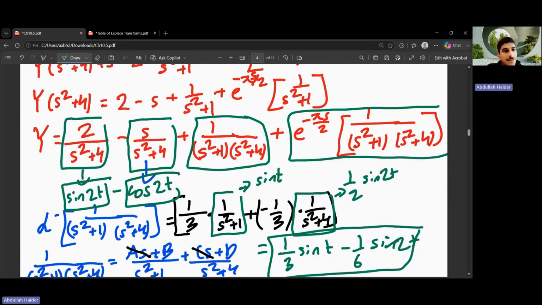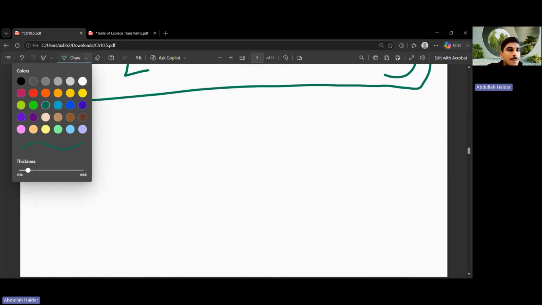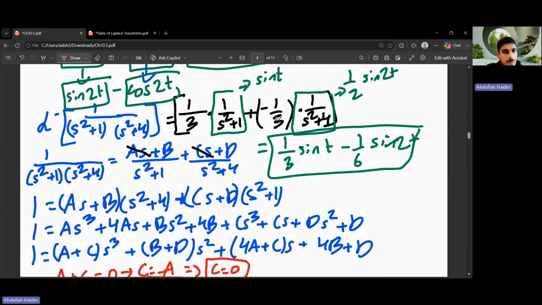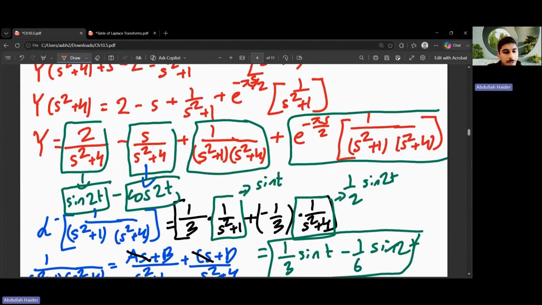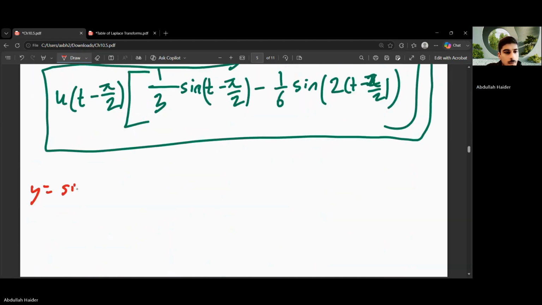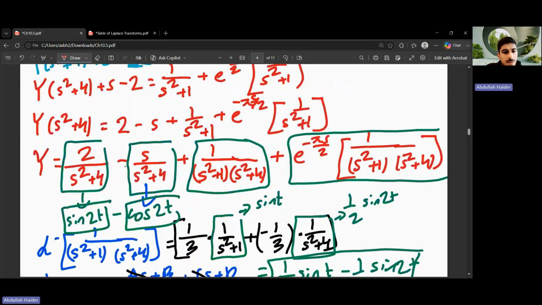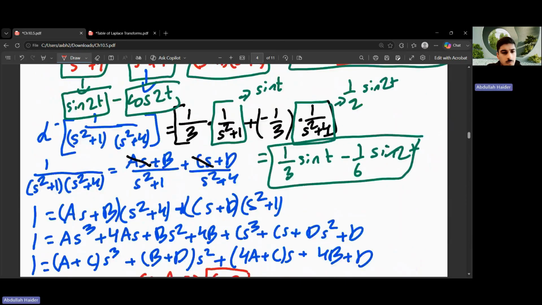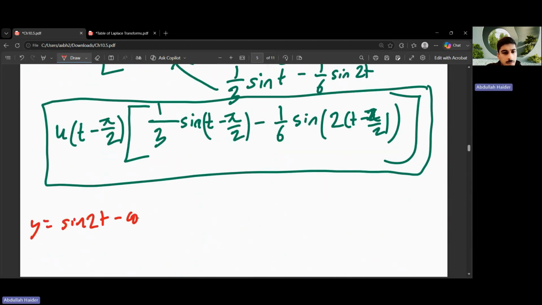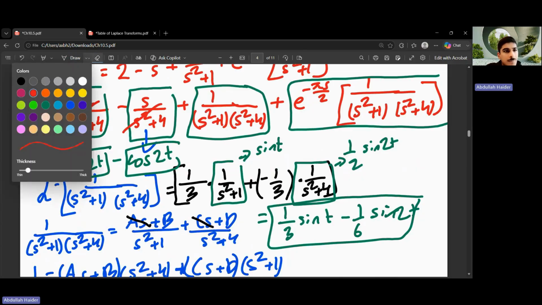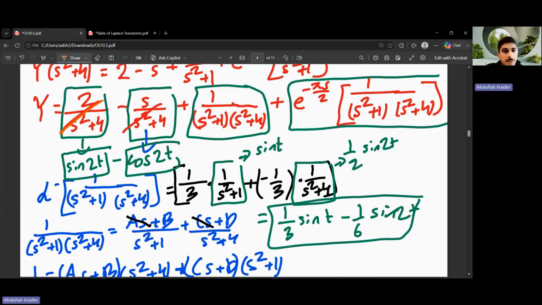So finally, we can write our final solution. y is equal to, now what was the inverse of this? Sine 2t minus cosine 2t. So this is done.